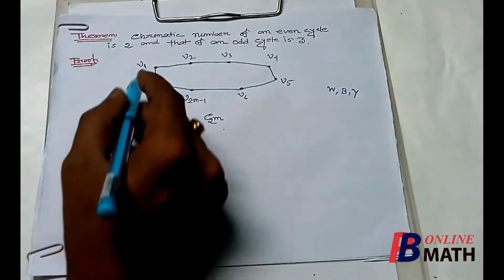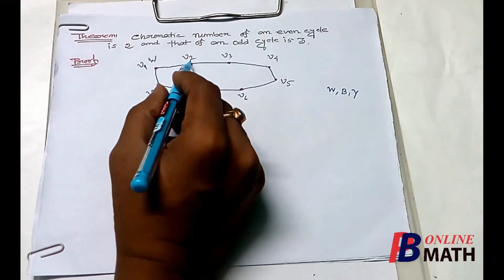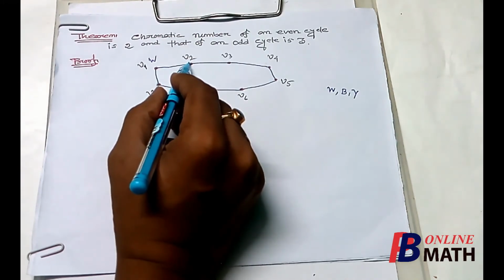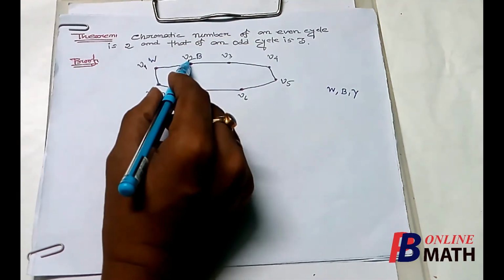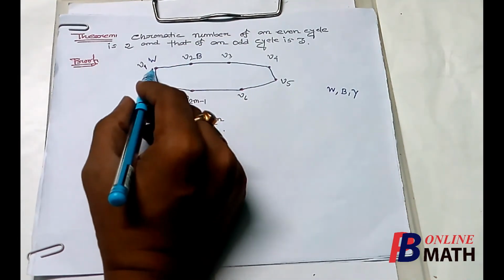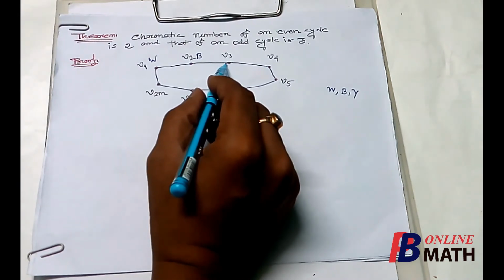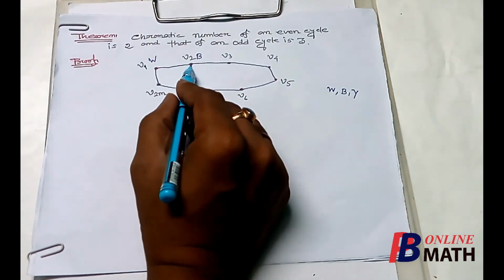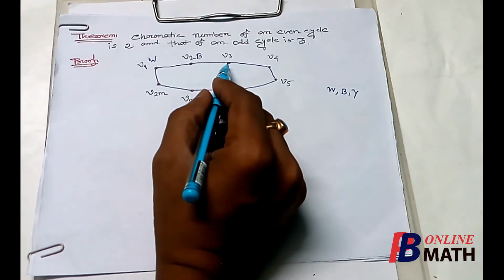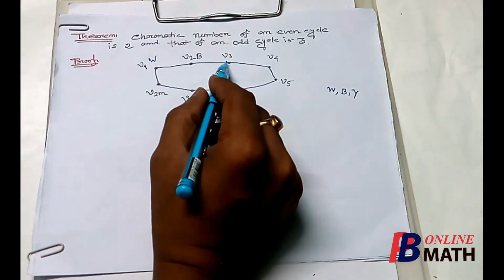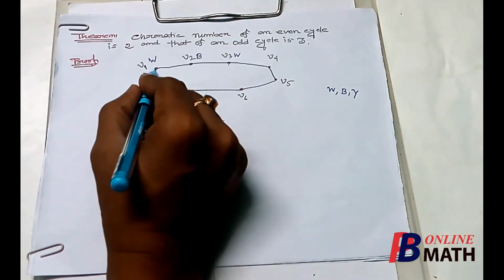So first we can color this vertex v1 by white color. Now for v2, we have to assign a different color. Suppose we are assigning blue color to the vertex v2 because it is adjacent to v1. Now consider the vertex v3. Here we find that v3 is adjacent to v2, so we can't assign blue color to this vertex, but we can assign white color to v3 because it is not adjacent to v1.